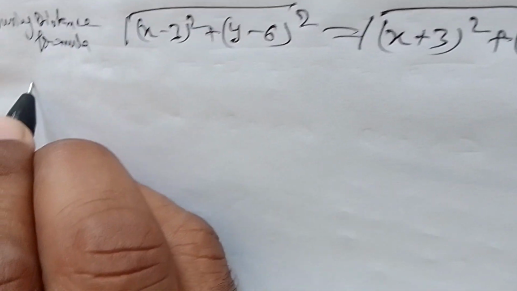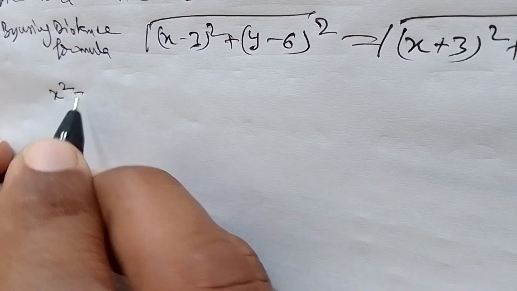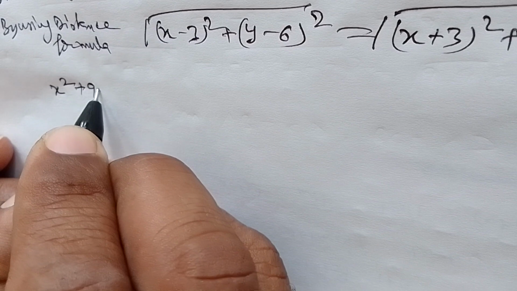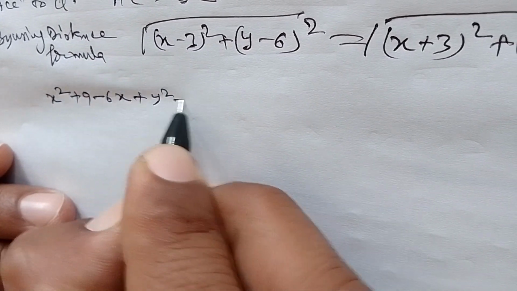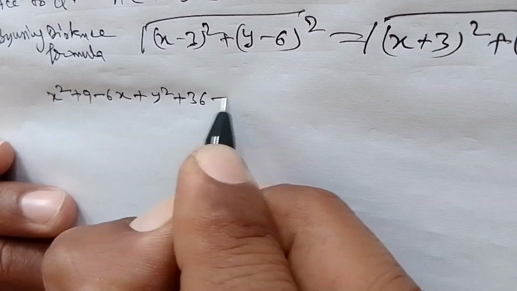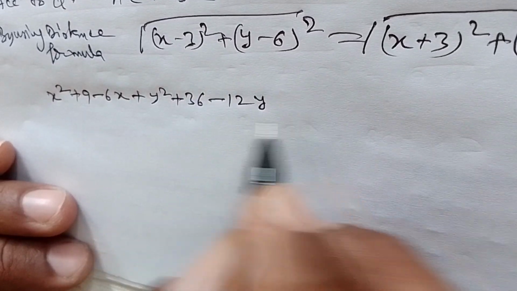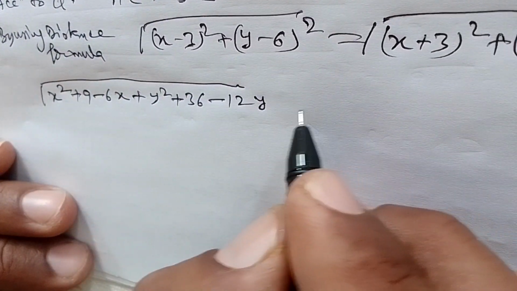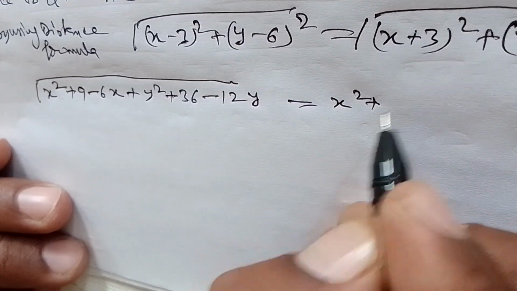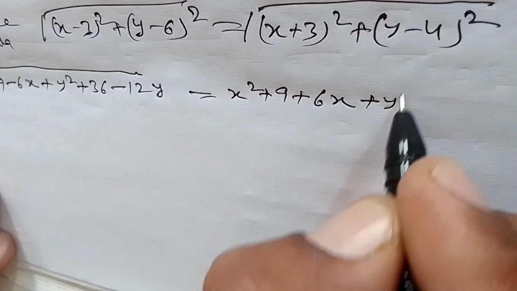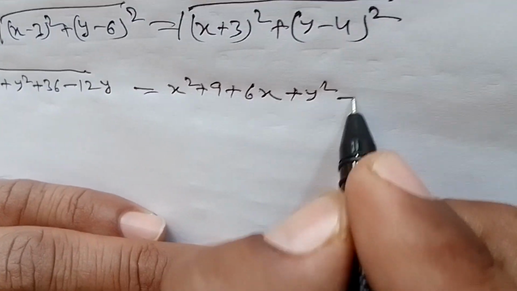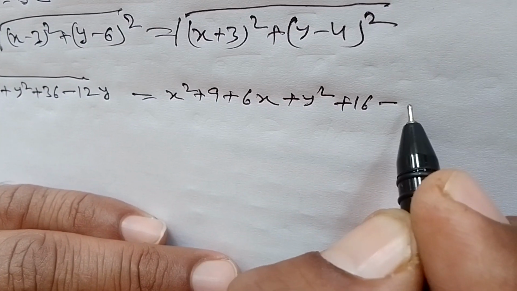So it will come out to be the square root of x square plus 9 minus 6x plus y square plus 36 minus 12y, is equal to the square root of x square plus 9 plus 6x plus y square plus 16 minus 8y.